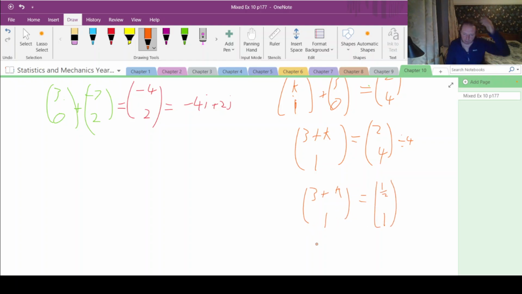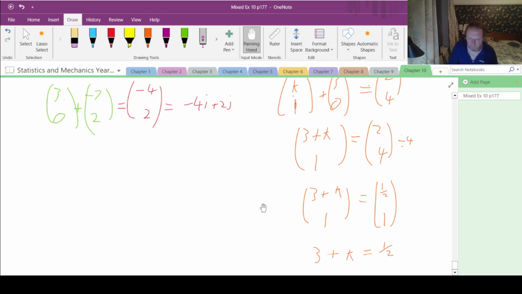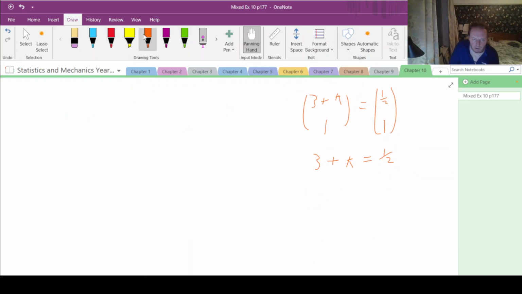Now we've got these things correct, I can write 3 plus k equals a half and solve for that. So k equals a half minus 3, k equals 0.5 minus 3, minus 5 over 2.